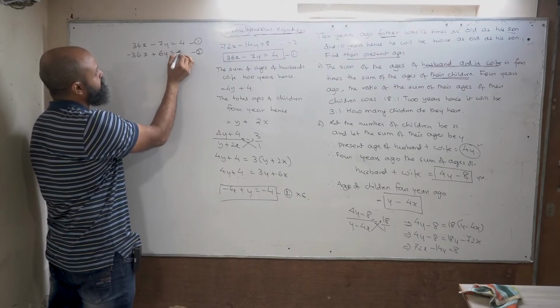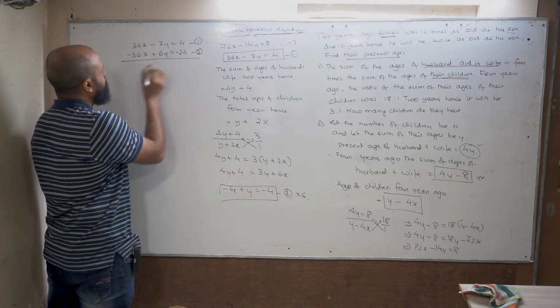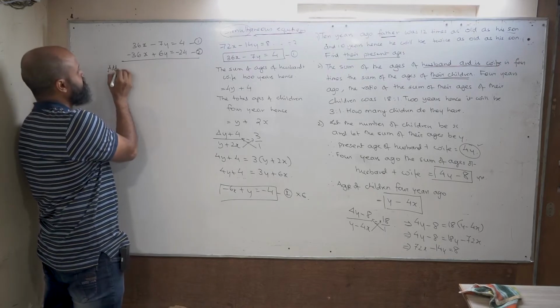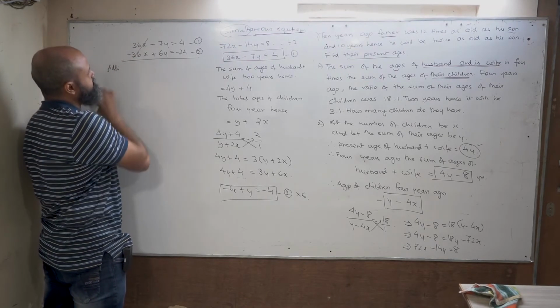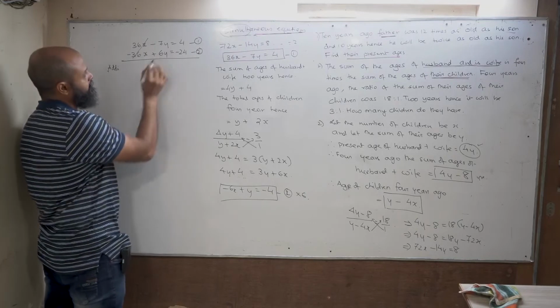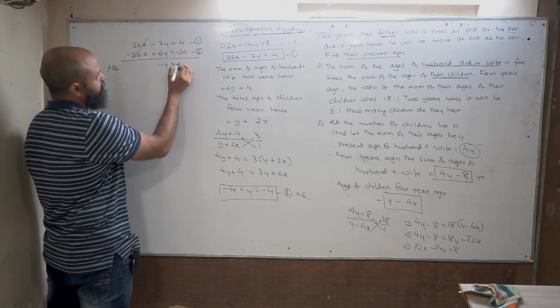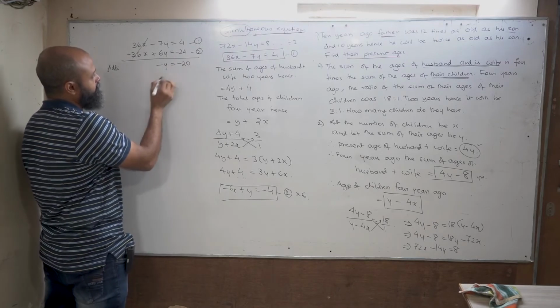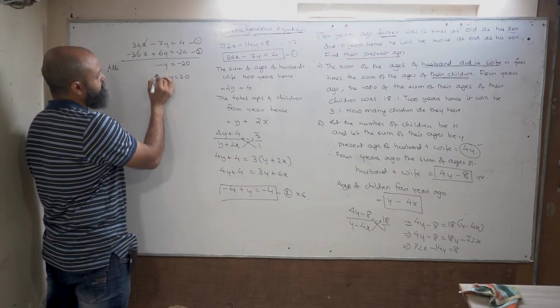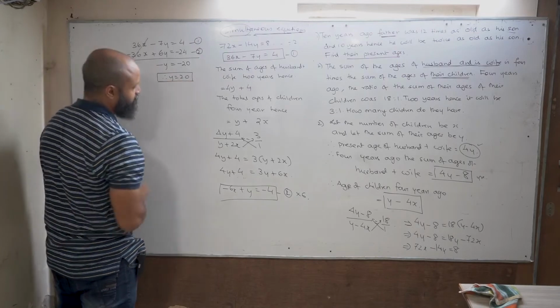So we have here 6y is equal to minus 24. If we just add this, so adding, we will get this cancelled. Minus 7y plus 6y is going to give you minus y. 4 minus 24 is going to give you minus 20. So here we have y is equal to 20.